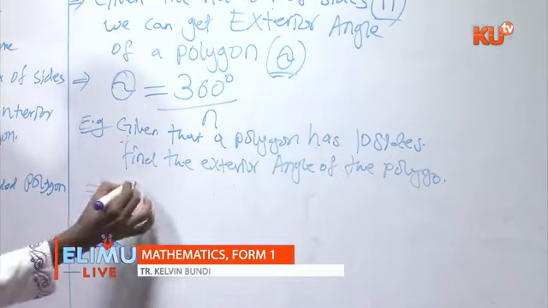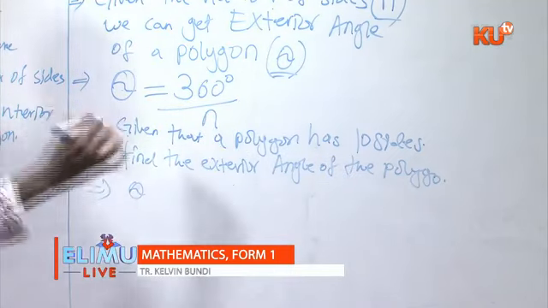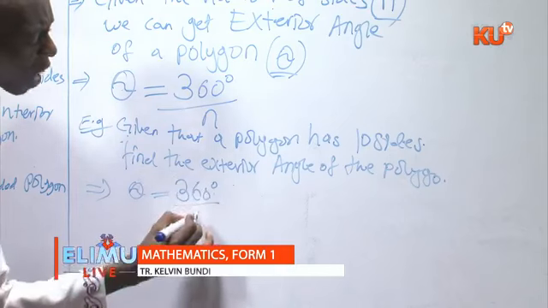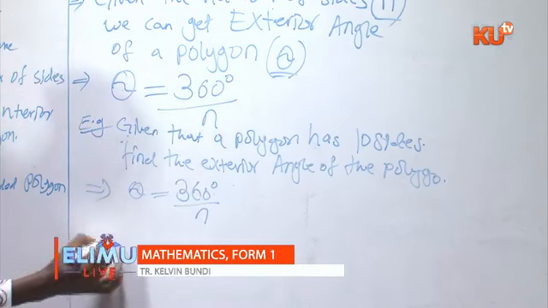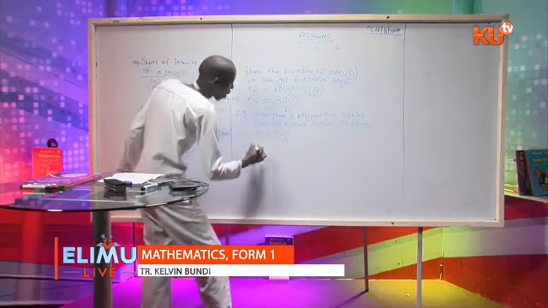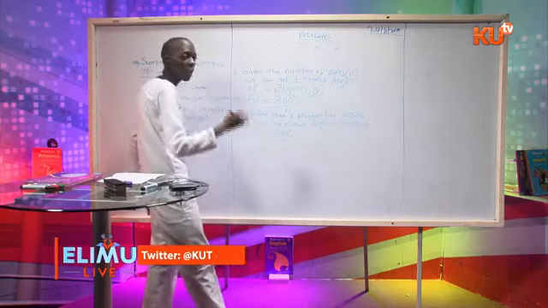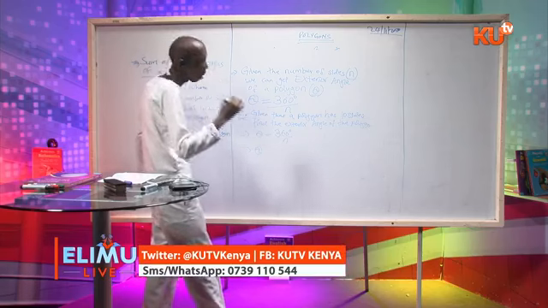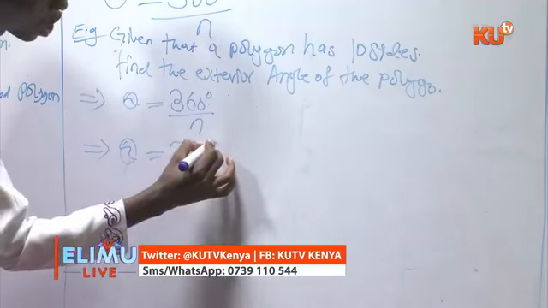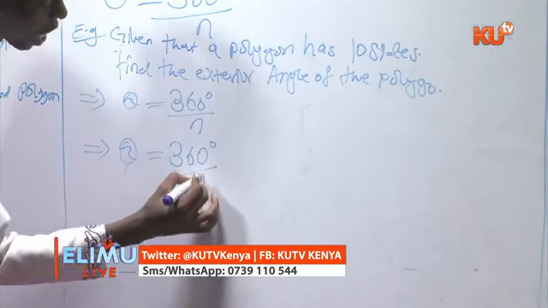Using our formula, theta, that is the exterior angle, is equal to 360 degrees divided by n. In our question, n, the number of sides, is 10. Therefore, theta is equal to 360 degrees divided by 10.